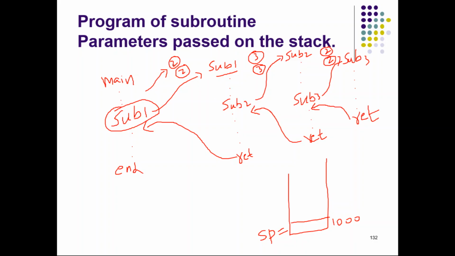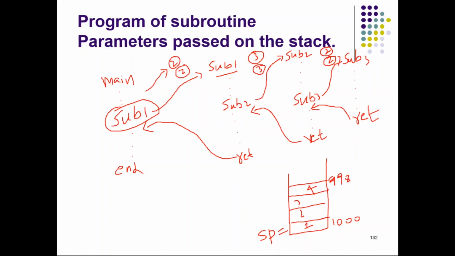So it is 1000 minus 16. The first entry will come here, the second here, the third here, the fourth here. Now the stack pointer will point here. So this will be 996, this will be 992, this will be 988. So the stack pointer will be here.